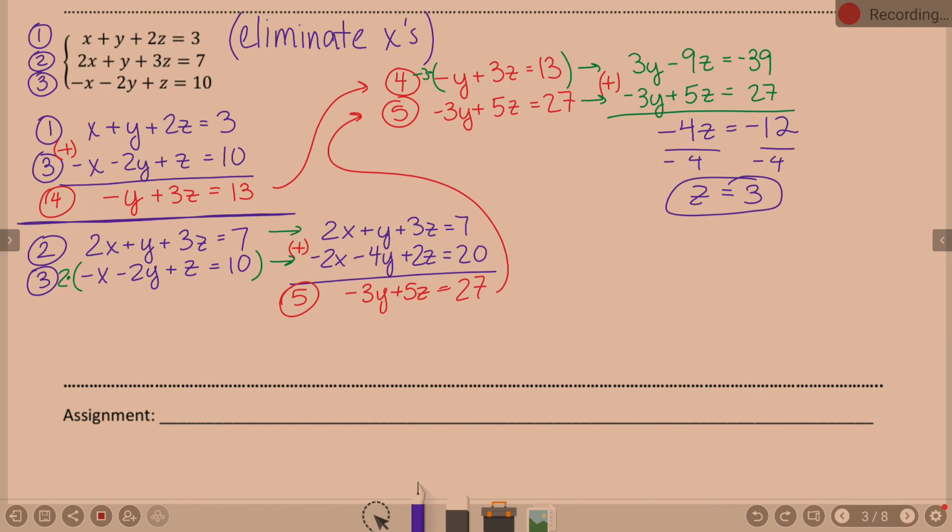Now, I'm going to write it down here because some of you will want to finish that problem because you won't be able to stand leaving it unfinished. The final answer you will get, if done correctly, is 1, -4, 3. You would take z equals 3, and you're going to take it back to equation 4 or 5. You'll find y, and then you'll take z and y back to equation 1, 2, or 3, correct?